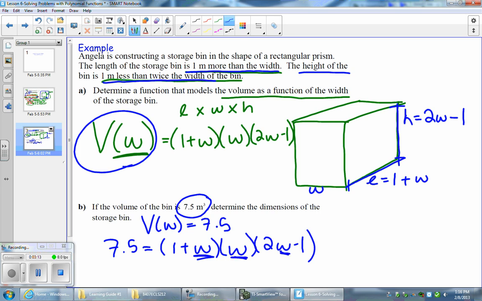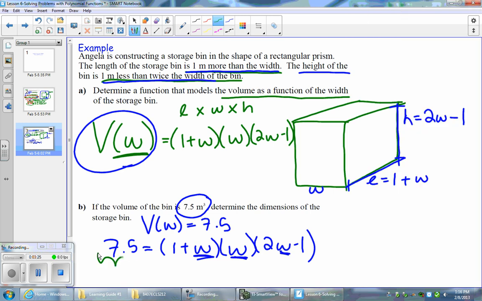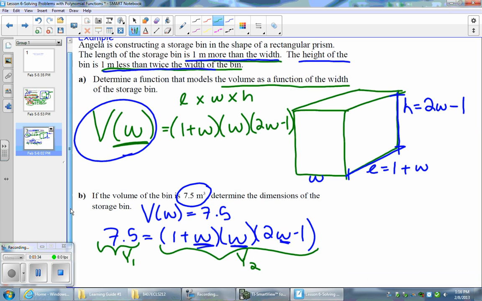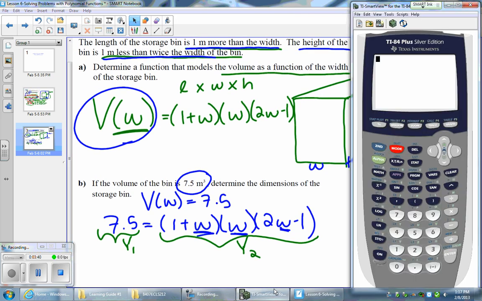To solve a polynomial equation, I suggest using your calculator. What you're going to graph here is each side of the equation. So 7.5 is going to represent your y1, and then this expression is going to represent your y2. What you're looking for are the points of intersection between these two curves. Let's graph it first. Go to y equals, and graph 7.5 as your y1.